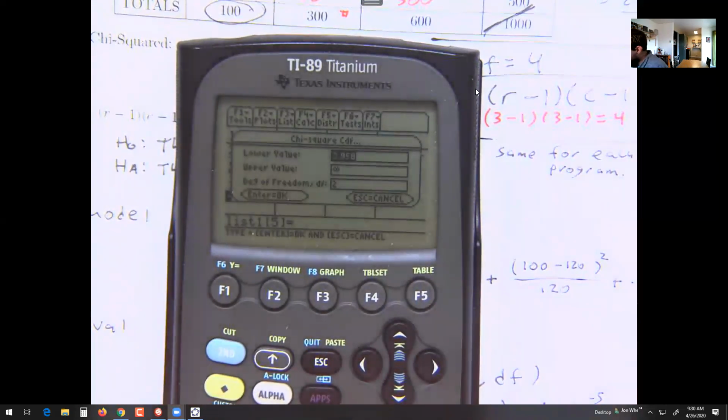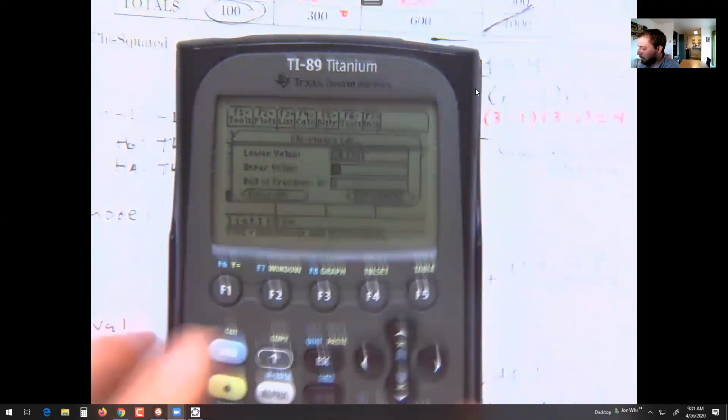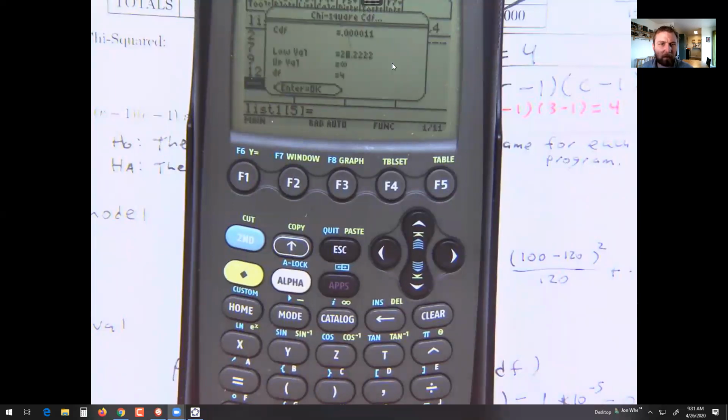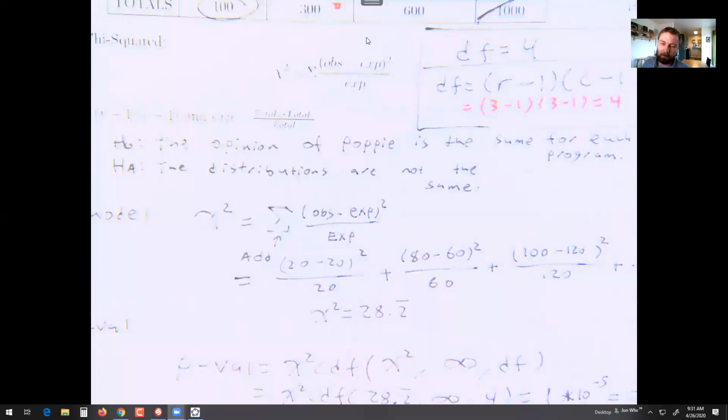I type in my low value, that's this 28.22 test statistic number. My upper value is infinity, so I can hit diamond catalog to get infinity to show up. My degree of freedom was 4. When I type this into my calculator, this gives me this 0.0001 number that I was talking about. That's a really, really small p-value.